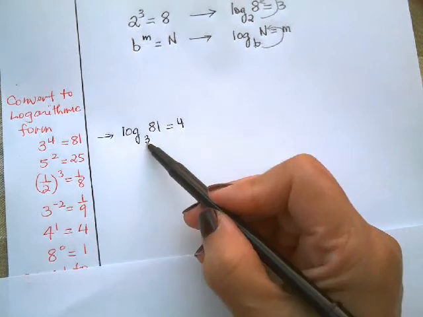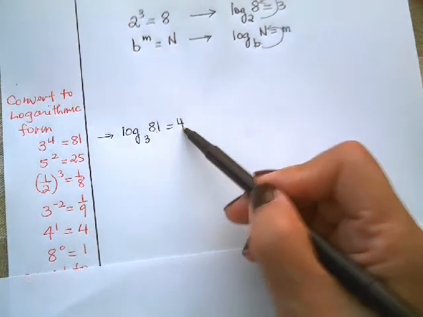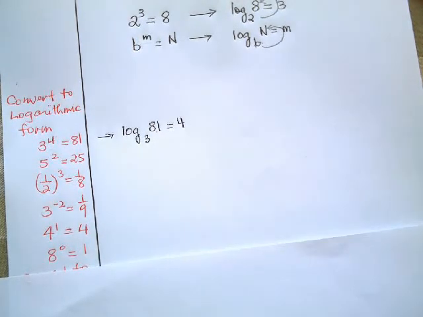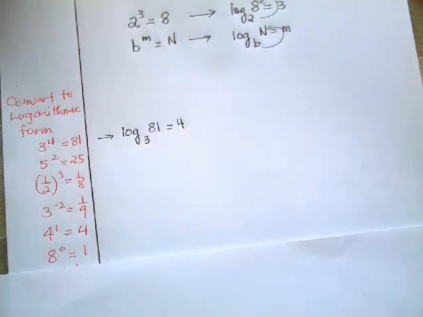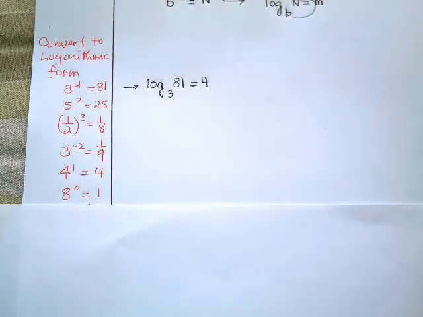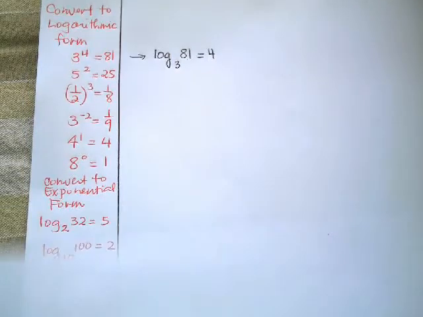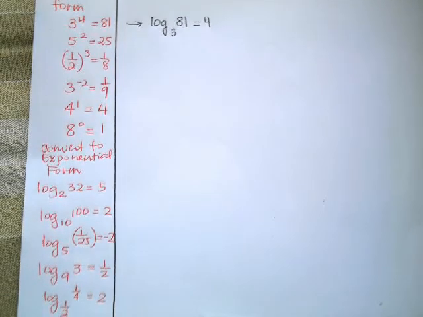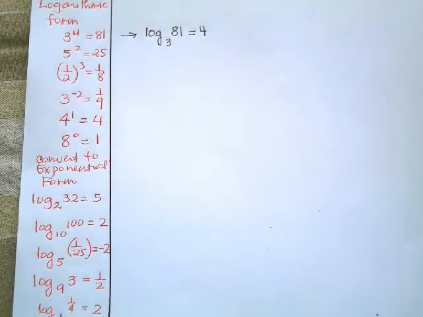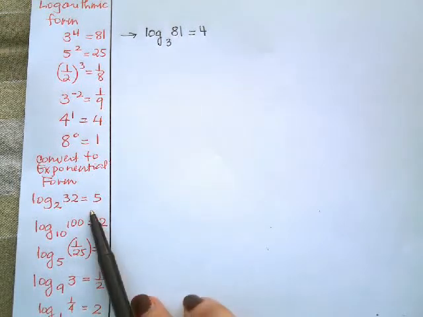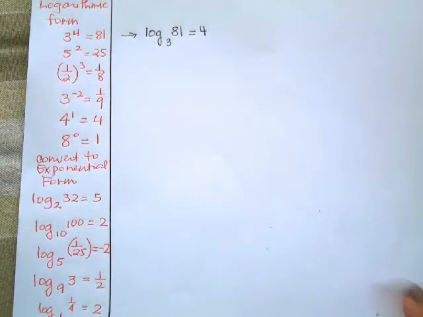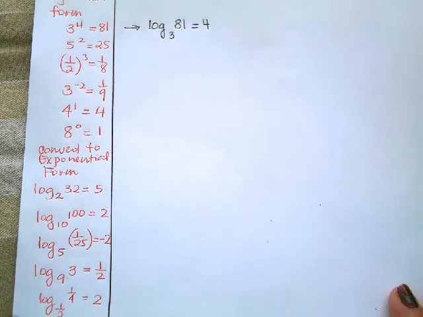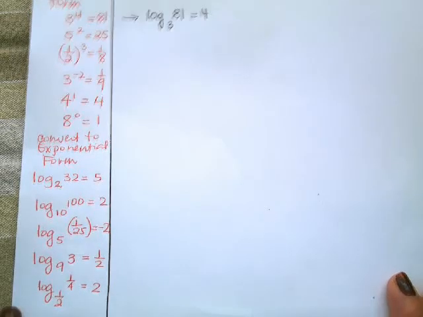The base goes here, the value goes there, the exponent goes there. Try to pause the video and convert this to logarithmic form, and then do the rest of these, converting them to log form.